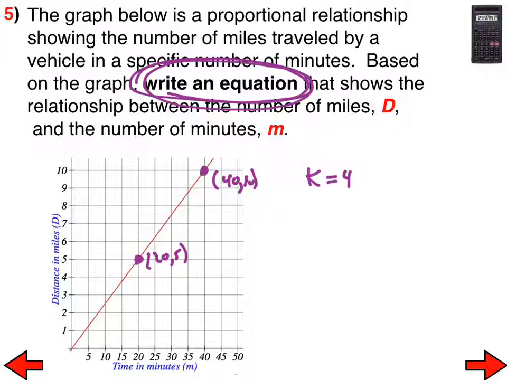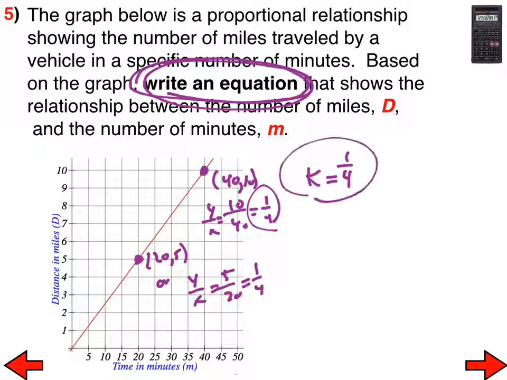You're supposed to stop me. K is not 4. What is it? It's 1/4. Because y divided by x is 10 divided by 40, which is 1/4, or 5 divided by 20 is 1/4. So there was mistake number 1.